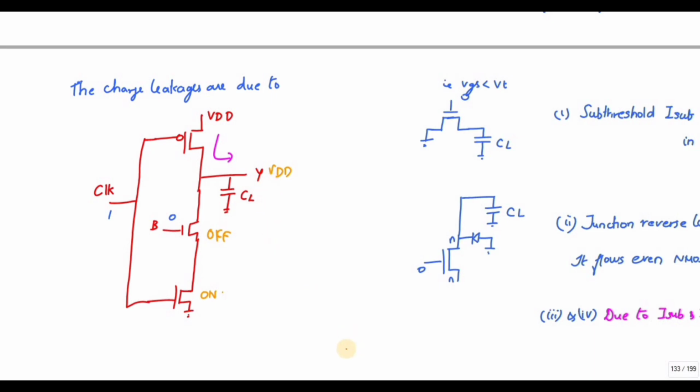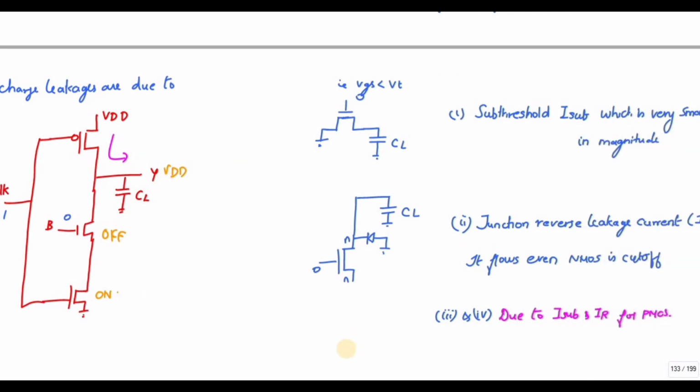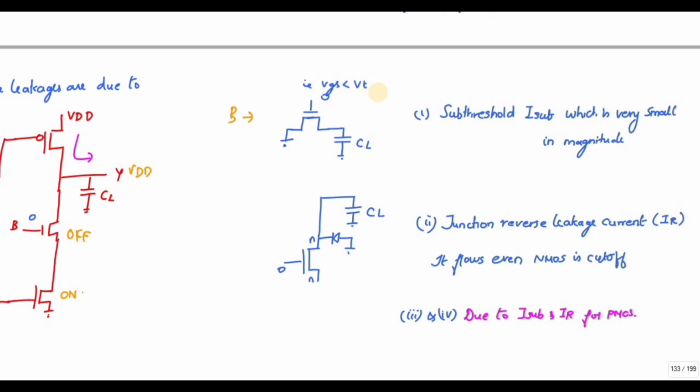This leakage in charge is due to, first, this P transistor being off. When VGS is less than VT there won't be any current flow, right? But in the cutoff region there is a possibility of subthreshold current. This I sub, which is very small in magnitude, causes the charge leakage.